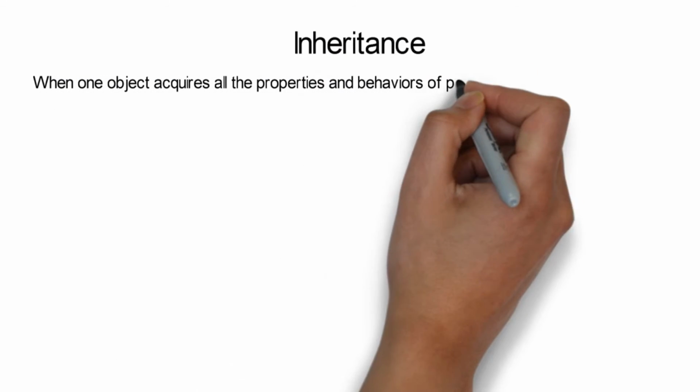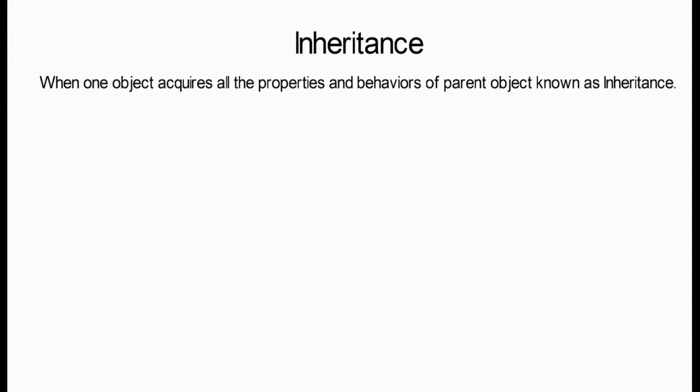Inheritance. In the real world, we have received features and behaviors from our parents. In another way, we are inherited from our parents. In the same way, if one object acquires all the properties and behaviors of a parent object, we can identify it as inheritance.